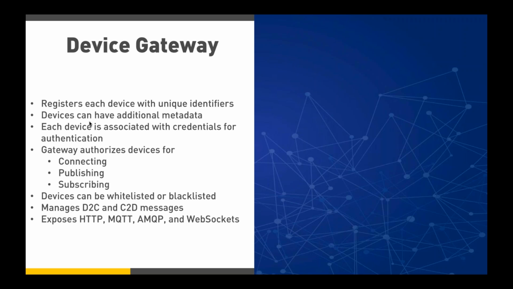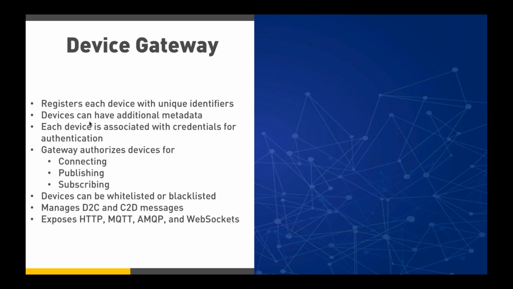So the gateway is responsible for authorizing the devices when they connect, when they publish, or when they subscribe. The authentication happens when the device gets connected with a username, or rather the device name and the token. And every time it publishes, there is a validation of the authorization policy, whether the device is allowed to publish to the topic or to the channel or not.